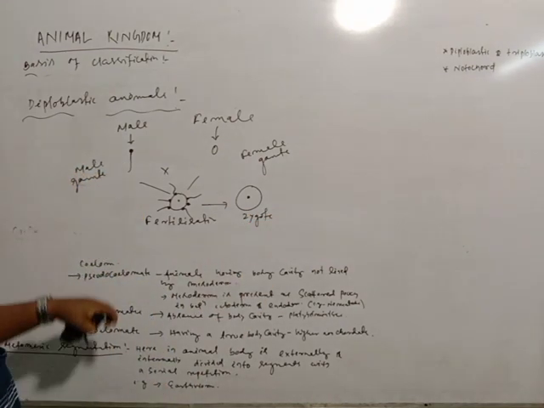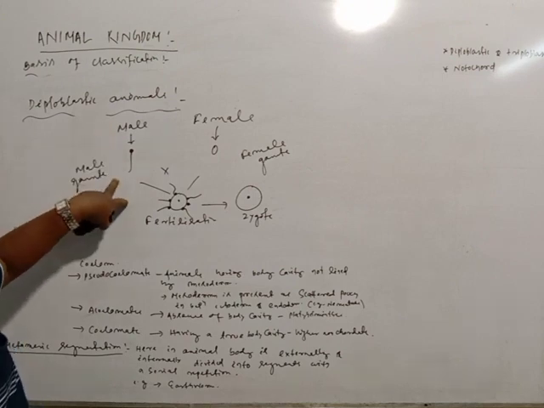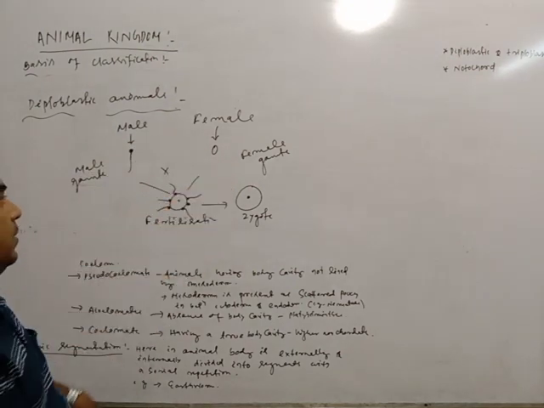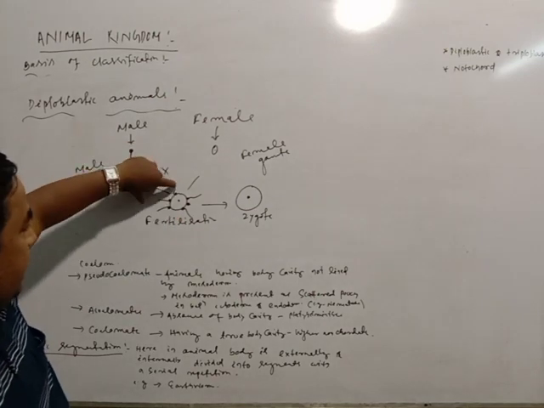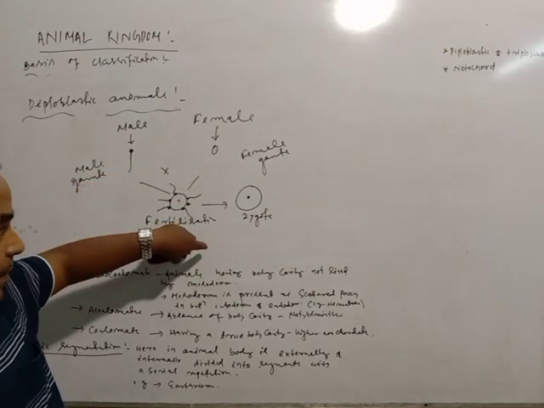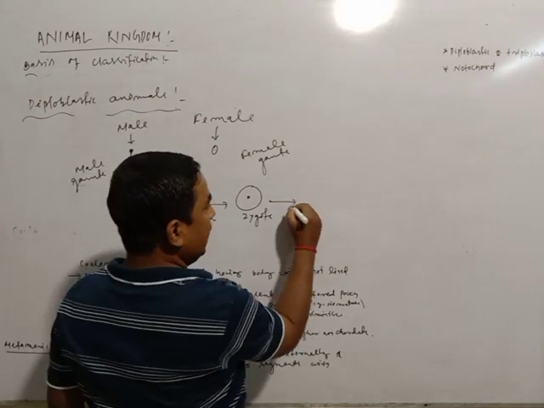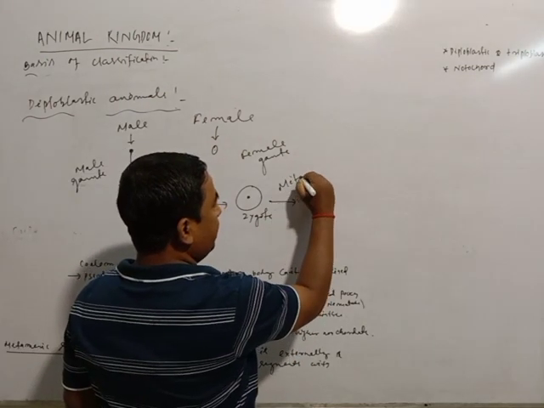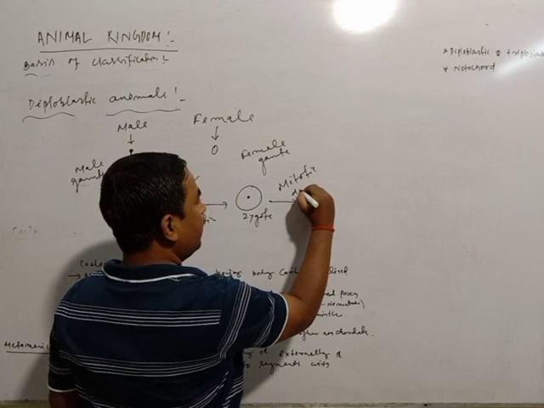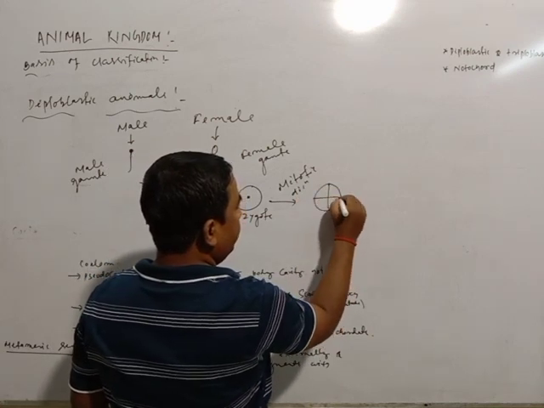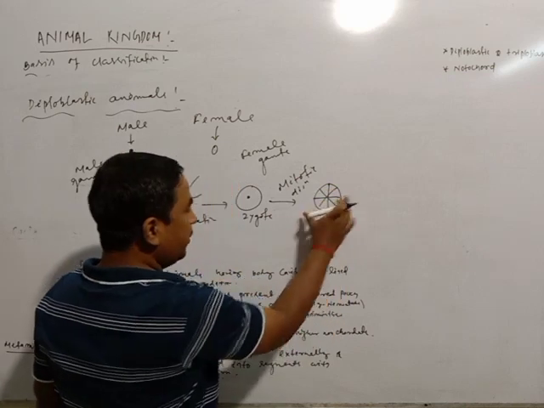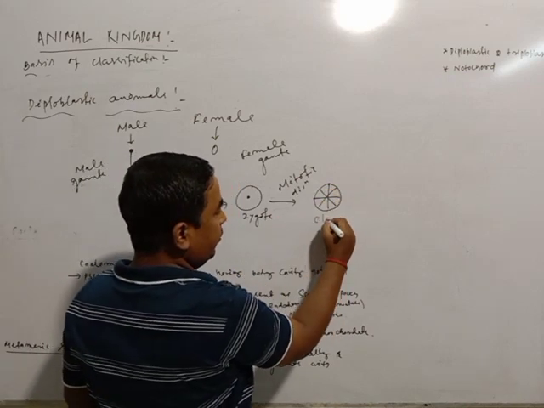So male gamete, female gamete, this is your fertilization. On the zygote, mitotic division will take place. This type of division of the zygote is called cleavage.